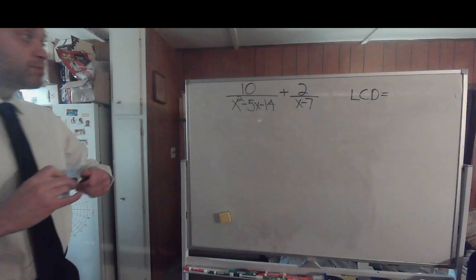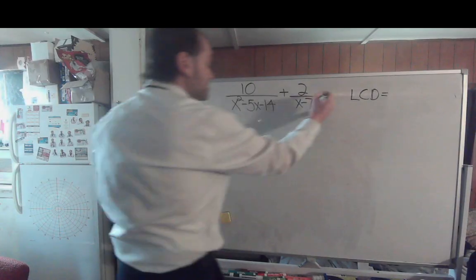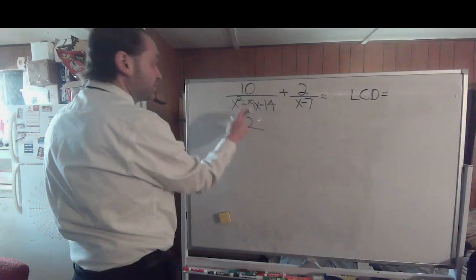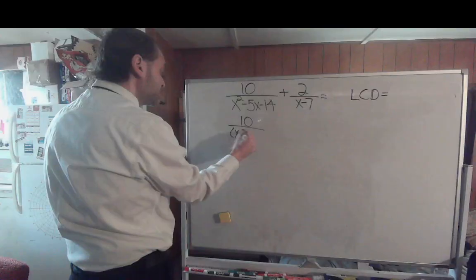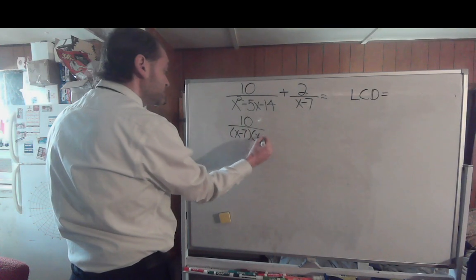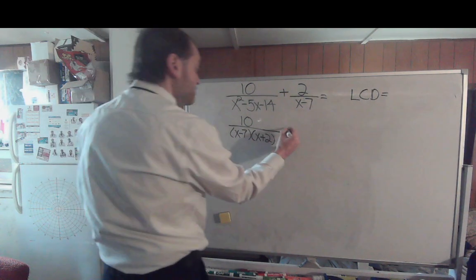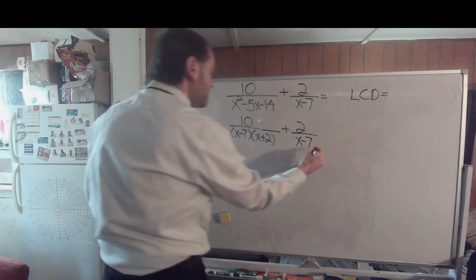Well, again, I'm going to highly suggest we factor everything we can factor. So your first term, you'll have 10 over that x squared minus 5x minus 14 would factor into x minus 7 times x plus 2. Then you'd have plus 2 over x minus 7.